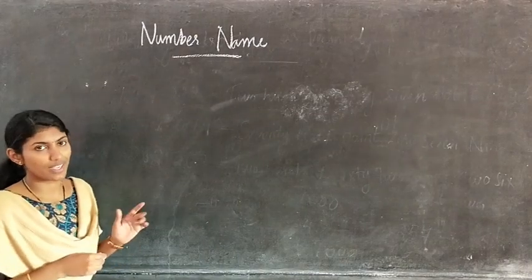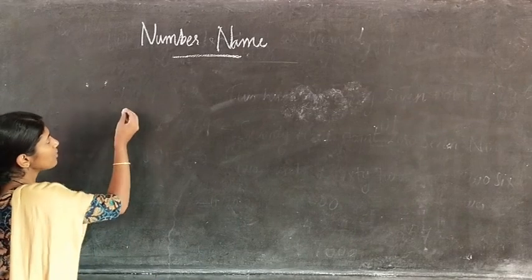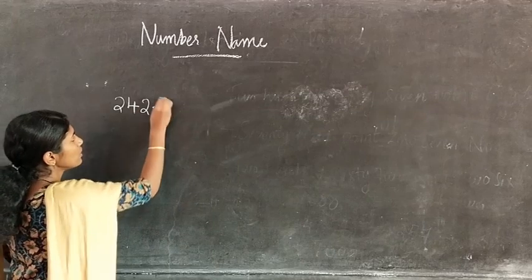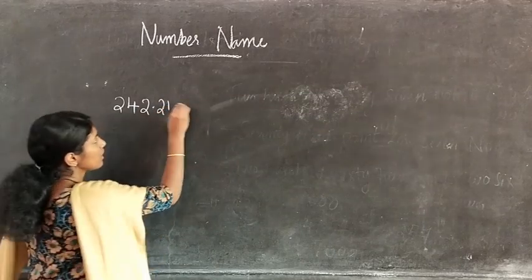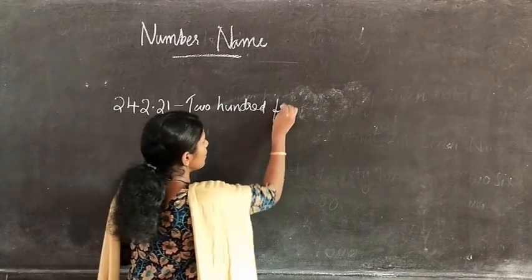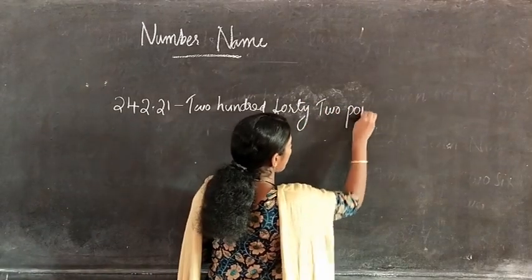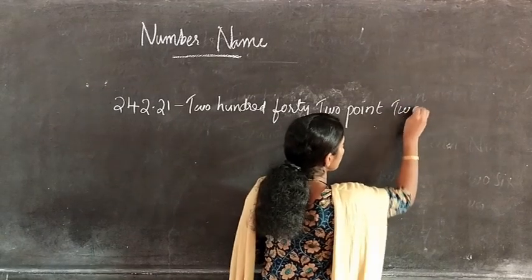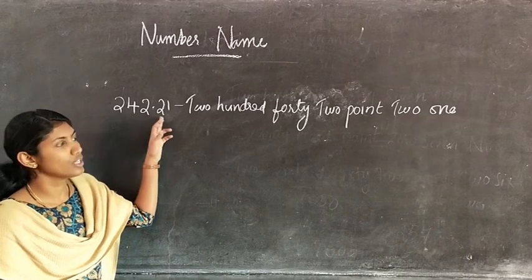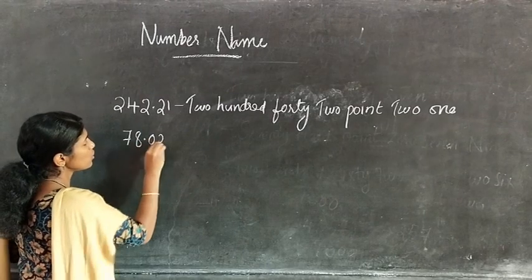Then children, moving to the next topic, number name. You have to write the number name of the decimal numbers. Consider one decimal number, 242.21. So we have to write the number name. Then next number, 78.021.